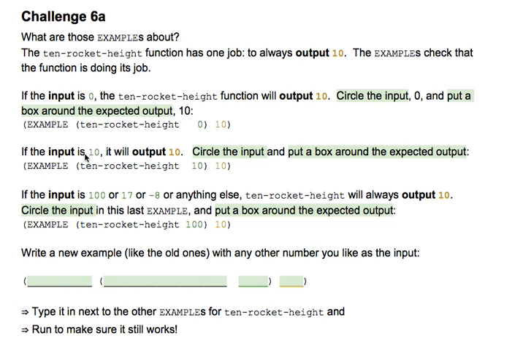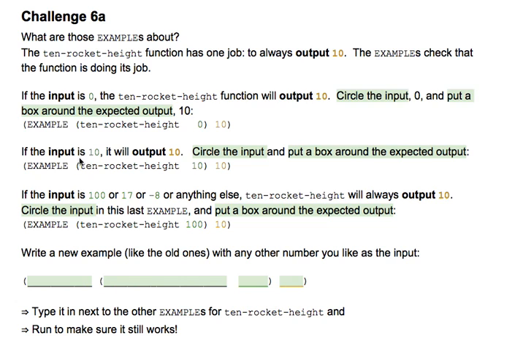All right, so if the input is 10, we're trying on a different input now. If the input is 10, 10 rocket height is going to output 10. So we're checking that. We're saying, here's an example. For example, if we call 10 rocket height with 10, that means that we put it inside these parentheses, inside this imaginary circle here, right?